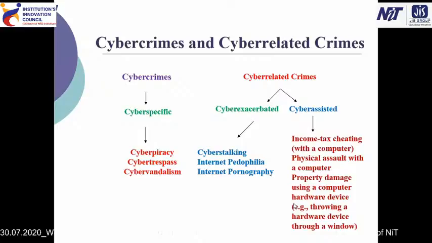That is all cyber related crime, and this is indirect, such as income tax cheating, physical assault with a computer, and property damage using computer hardware. It is all cyber related crime also.